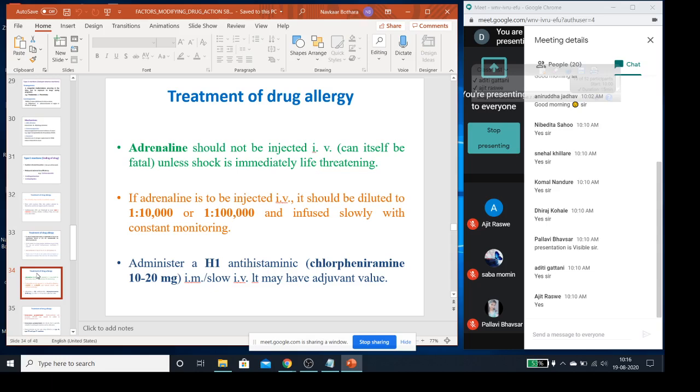If injected, it should be diluted to 1:10,000 or 1:1 lakh units and infused slowly with constant monitoring. Administer an H1 antihistaminic agent like chlorpheniramine; there are many like that. Give it intramuscularly or by slow IV, and it may help.